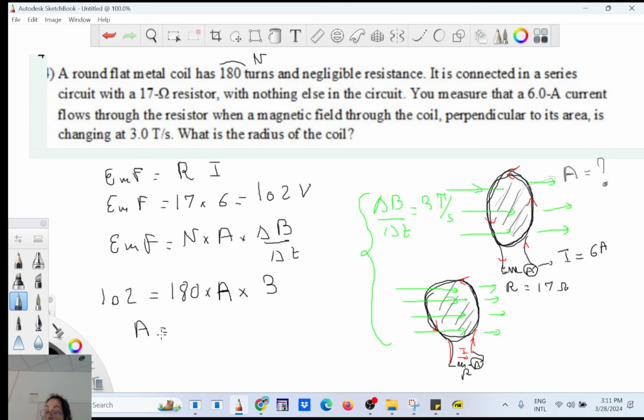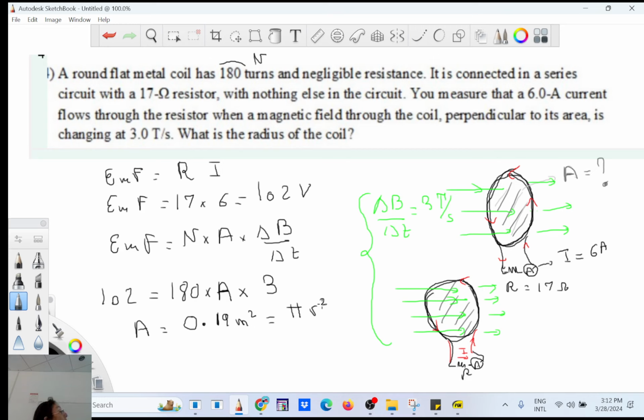So the area is going to be 102 divided by 180 divided by 3, which is 0.19 meter square. Did you all get that? That will equal pi r square.